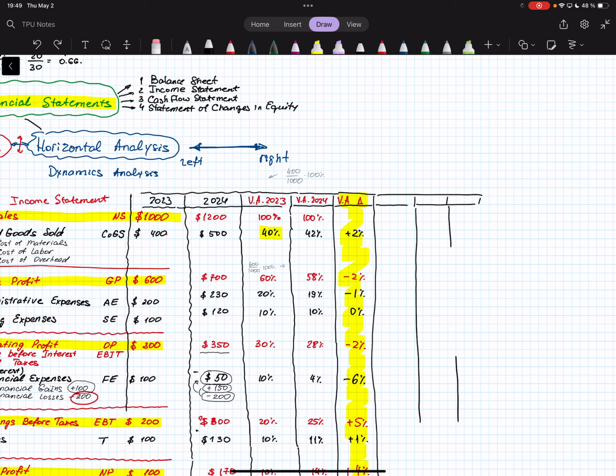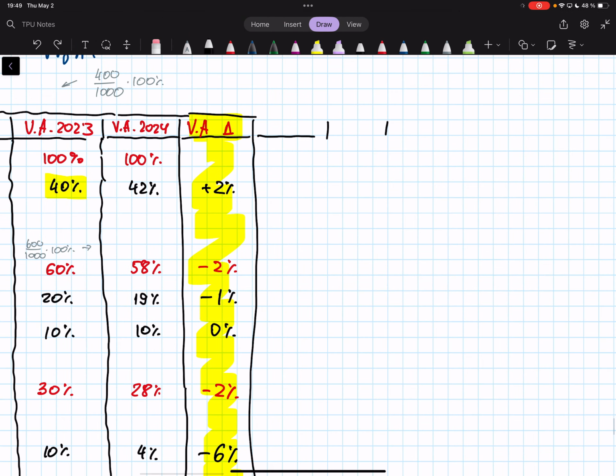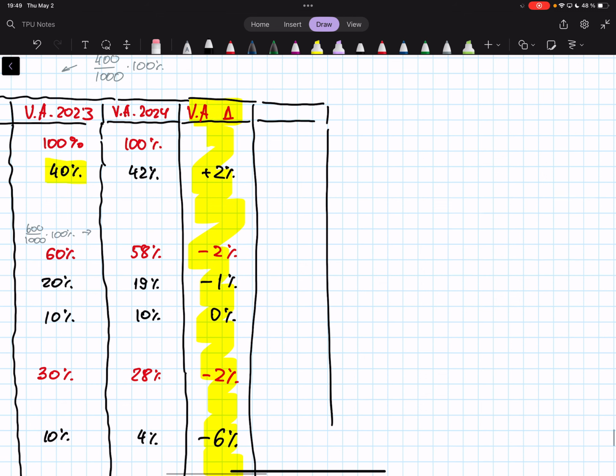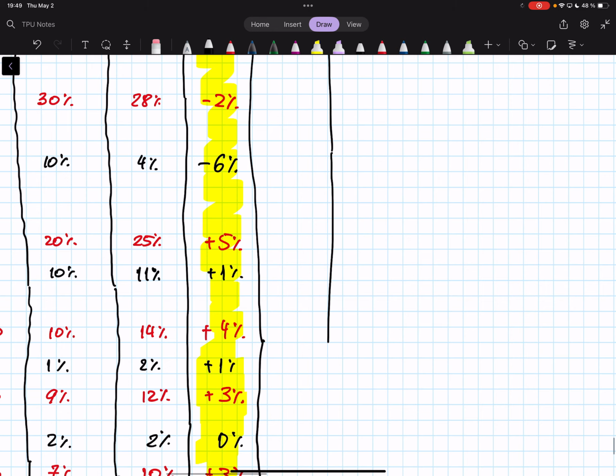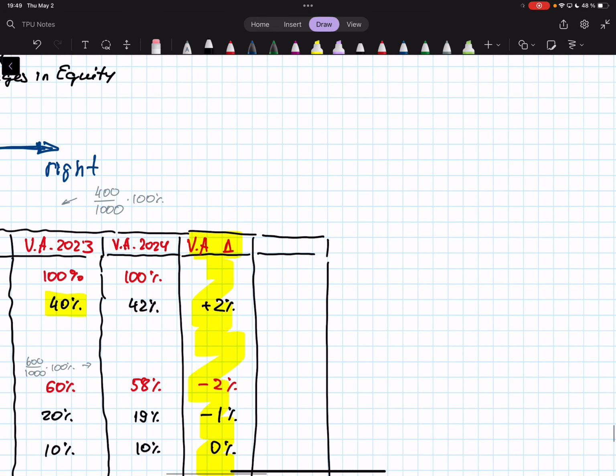Let me do away with several columns. Okay, yeah, we'll just take this one. So let's add one more column. In the vertical analysis, we analyze the structure; in this one, we analyze the dynamics of our line items. So this will be our horizontal analysis, excuse me.